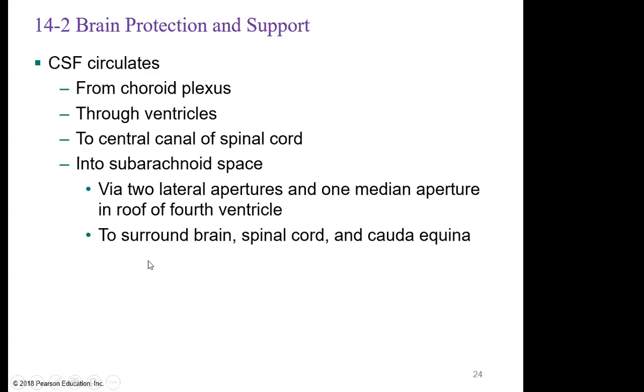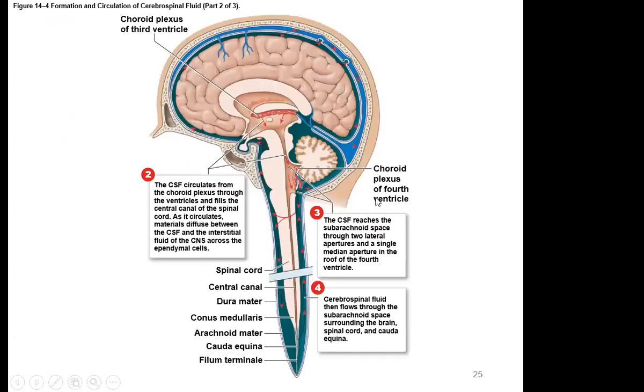To completely surround the brain, the spinal cord, and we'll be talking about the cauda equina when we get into the chapter for spinal cord. So here's a picture showing you representations of the CSF flowing out of the ventricles, getting into the central canal, as well as into the subarachnoid space.